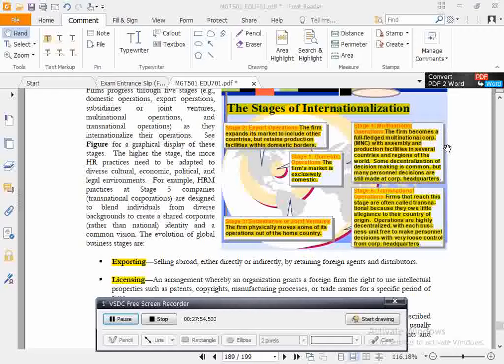The firm becomes a full-fledged multinational corporation, MNC, with assembly and production facilities in several countries and regions of the world. Some decentralization of decision making is common, but many personnel decisions are still made at corporate headquarters.